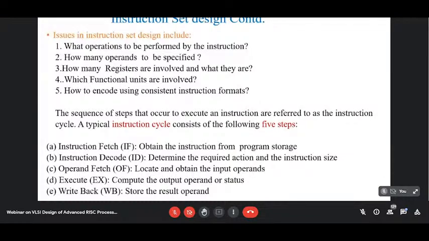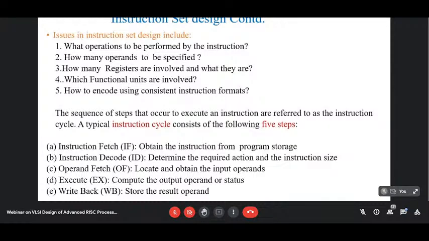Now, issues in the instruction set design. After having these discussions, certain points will definitely come to our mind. What operations are to be performed by the instructions? That means what will be the instructions?